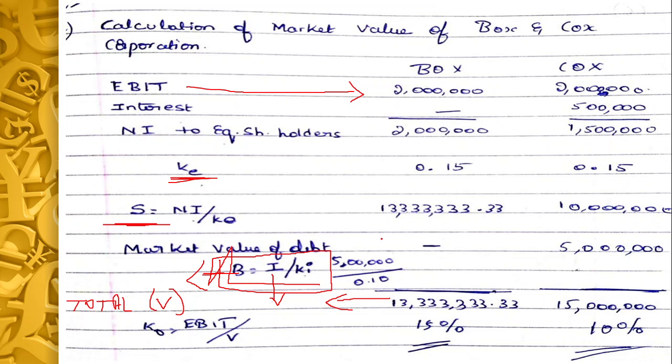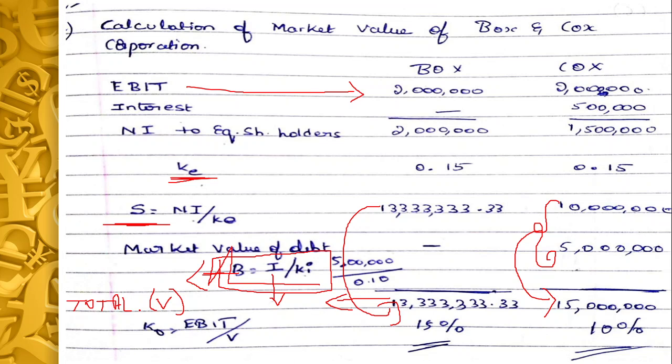Now, since there is no debt in Box Corporation, the total market value of equity itself becomes the total market value of the firm. But for Cox Corporation, there is both equity and debt. So, when you add the market value of both, you will get the total value of the firm. It turns out to be 15 million.